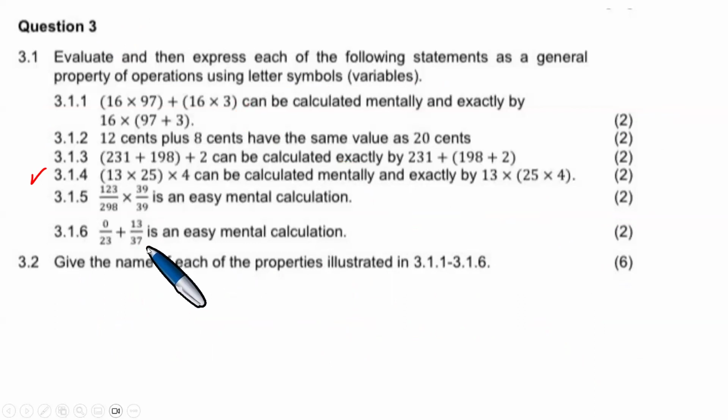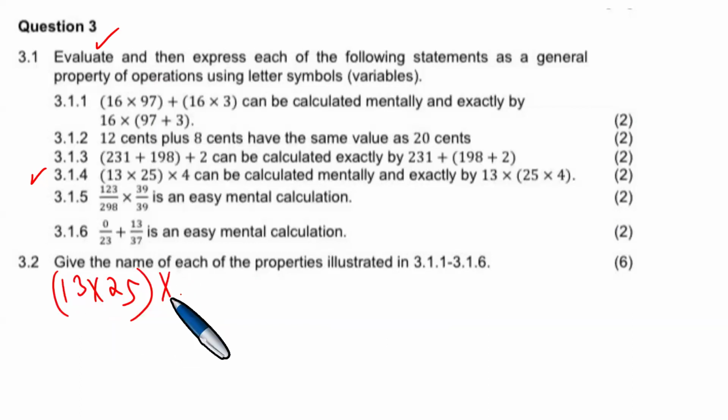13 times 25 times 4 can be calculated mentally and exactly by 13 times 25 times 4, but the 25 and the 4 are in parentheses. So let us evaluate these. First, we need to evaluate 13 times (25) times 4.